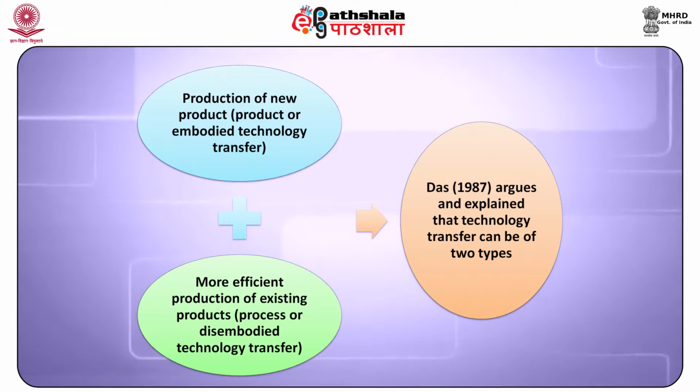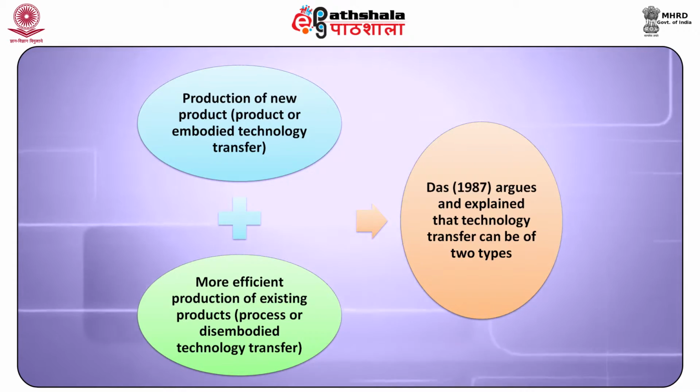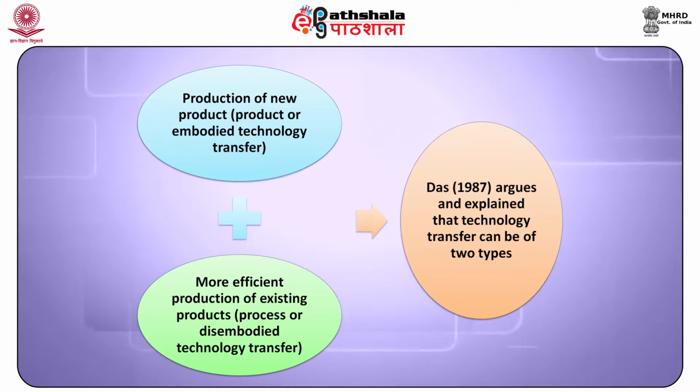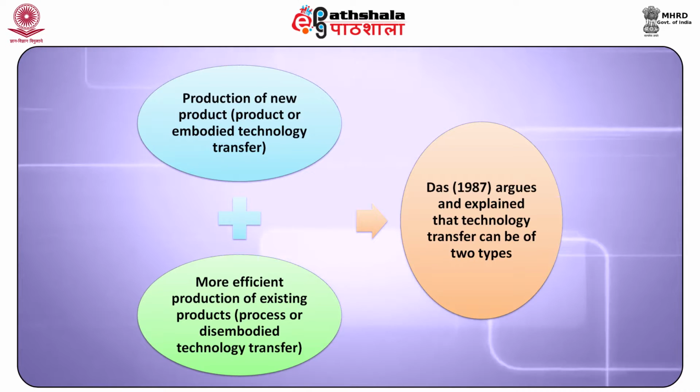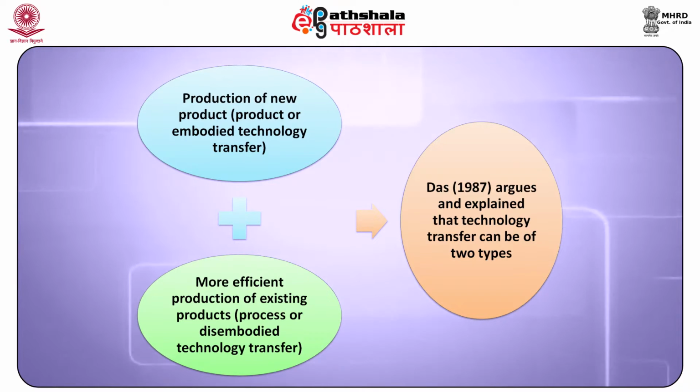First, production of new product or embodied technology transfer. Second, more efficient production of existing products, process or disembodied technology transfer. As described by Levin 1993, in the social science perspective, technology transfer is a socio-technical process implying the transfer of cultural skills accompanying the movement of machinery, equipment and tools.